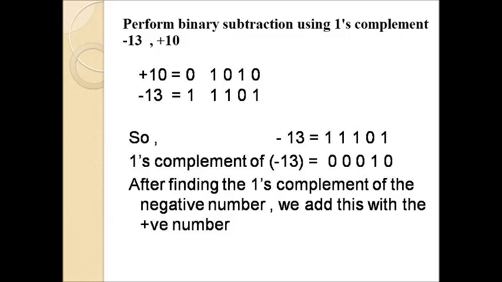Okay. If you find difficulty in finding the binary equivalent of these decimal numbers, you have to convert these decimal numbers to their binary equivalent. You know that procedure, right? Continuous division by 2. Okay.